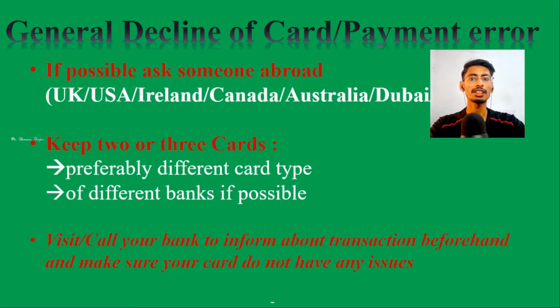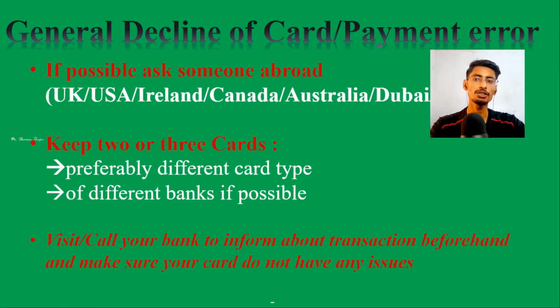To avoid the card payment error, it is wise to ask someone who is abroad, like UK, USA, Ireland, Canada, or Australia, your friends or family, to pay on your behalf, or ask them for the card details to perform the transaction with their permission. You can use their card, and you can have a smooth transaction if possible.